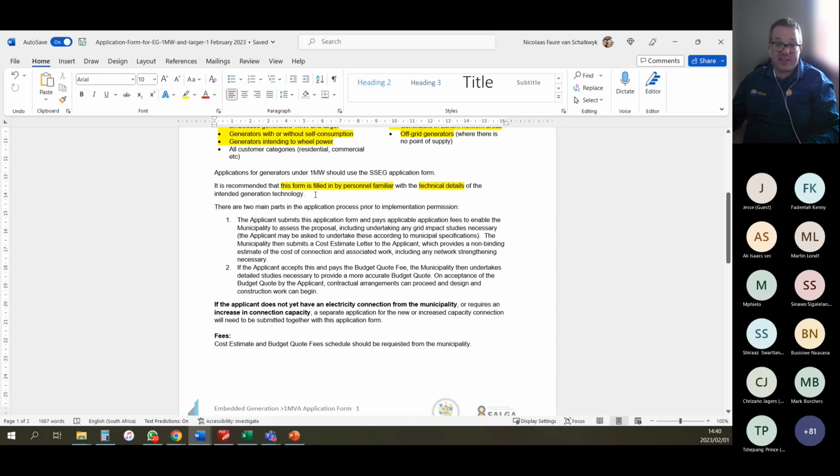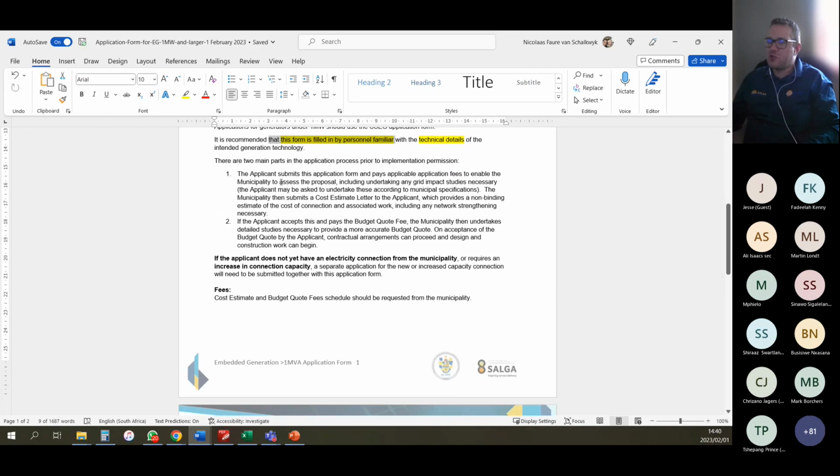But we haven't defined that as a requirement as of yet. That's just an idea of adding that. But the bottom line is whoever fills in this form needs to know what they're filling in, because you don't want to be in a situation where you evaluate based on the information that was provided, and then afterwards when the engineer comes on board, they start to make changes, and it totally changes what's been proposed or applied for. Okay, so that's quite important.